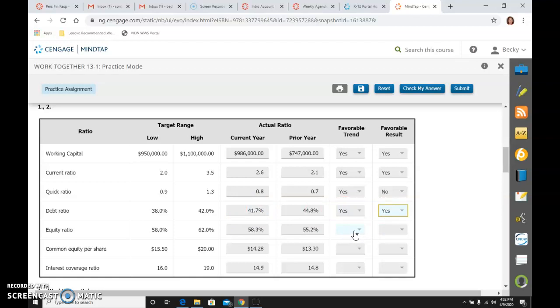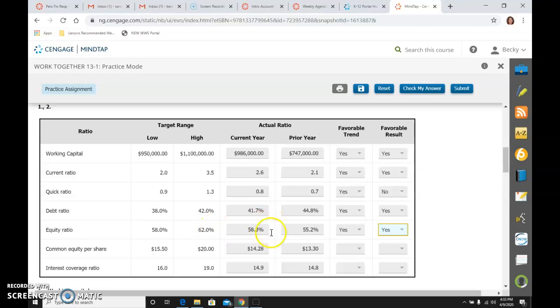The equity ratio went from 55 to 58. It's going up. That is a good thing. We want it to be between 58 and 62. It's at 58.3. It's in the range. That is a good thing.